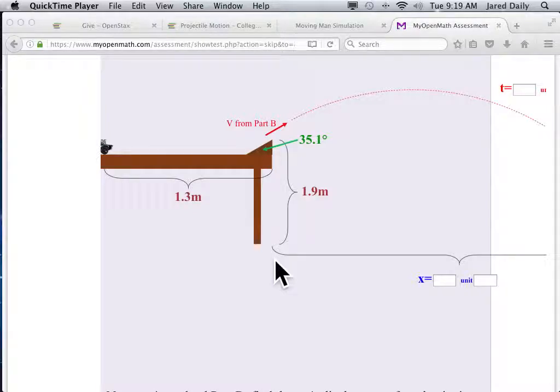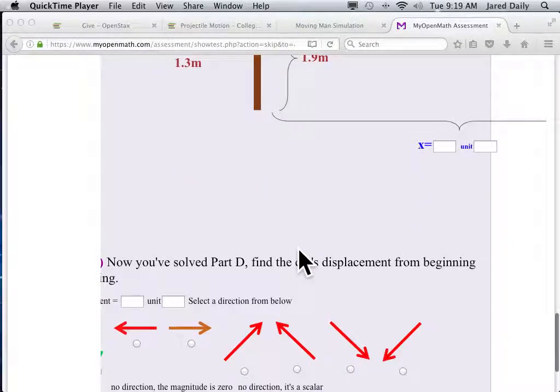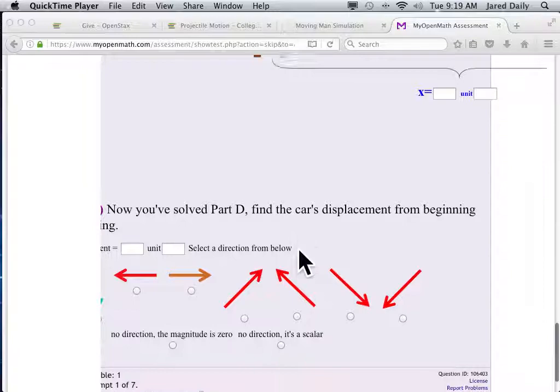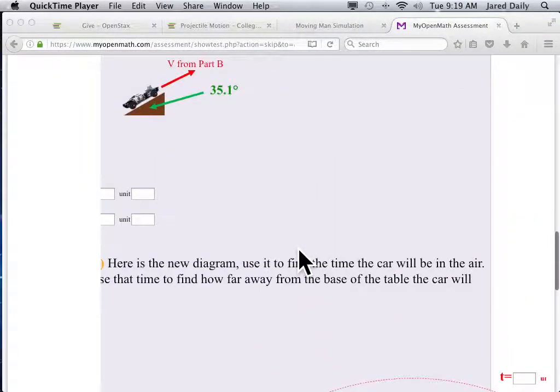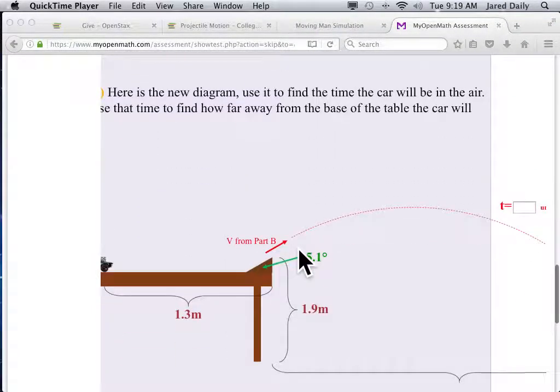But in this one, we have to know the final velocity, which we don't know. Do they ask us to calculate it? They don't. So we know the initial velocity, but we don't know the final velocity. So this one won't help us unless we calculate the final velocity.